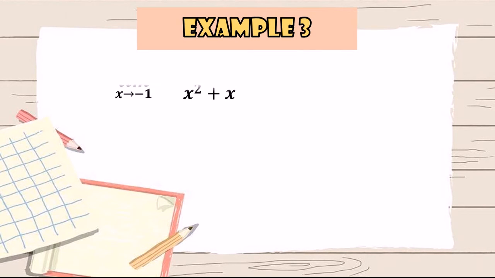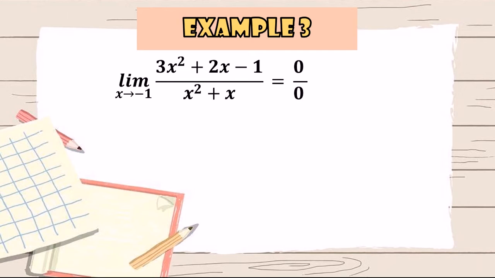Example 3. The limit of 3x squared plus 2x minus 1 over x squared plus x as x approaches negative 1. If we replace x with negative 1, it will result in 0 over 0. Now we're going to use L'Hospital's rule.